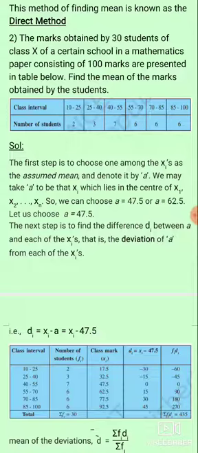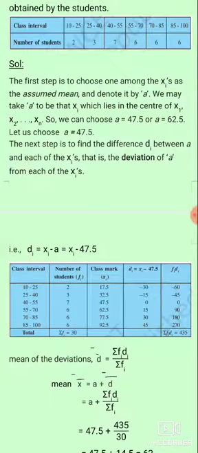After that you need to find sigma fi di, which is equal to 435. Now the mean of the deviation, the next step. The mean of deviation, d bar, is sigma fi di divided by sigma fi. At last you need to find the mean x bar, which is equal to A plus d bar, that is A plus sigma fi di by sigma fi.